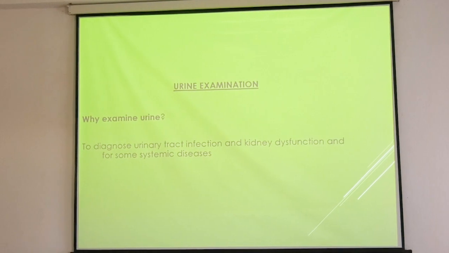So you can determine if the kidney is diseased or healthy. You can also find out whether some other process, like a systemic illness, is present. A very important disease is diabetes, in which you can find glucose in the urine.